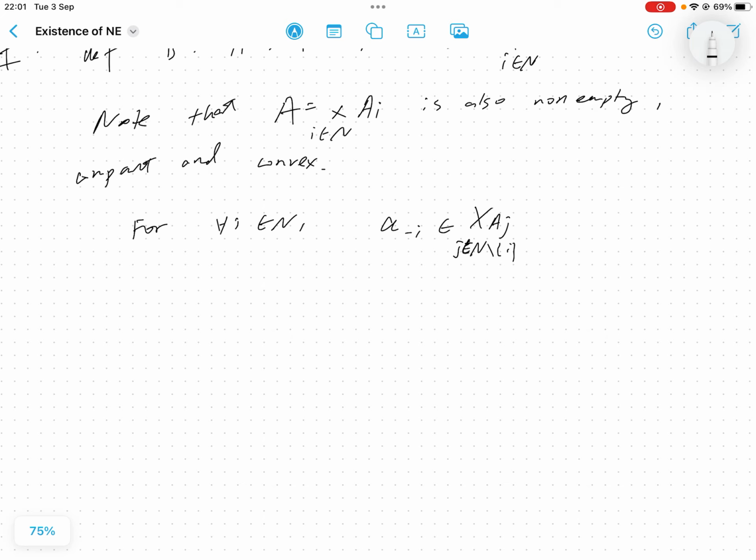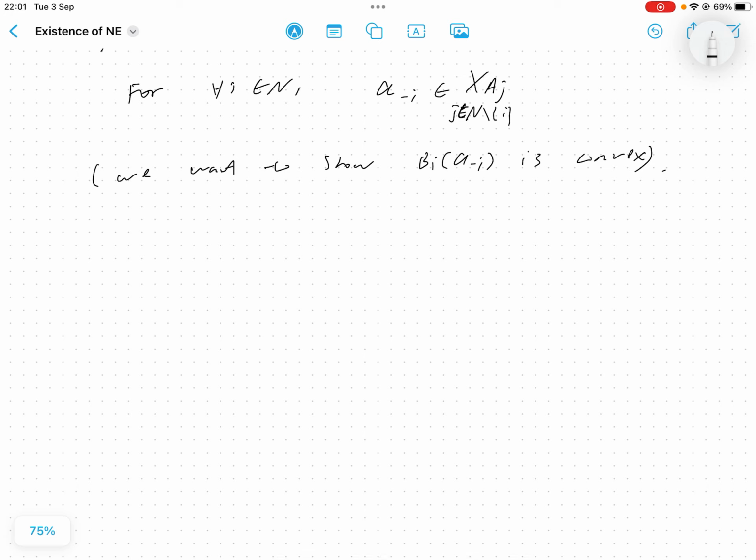So what we want to show is that this B_i given a_{-i} is a convex set. So we want to show B_i(a_{-i}) is convex, right? We consider any elements x and y in the set B_i given a_{-i}.